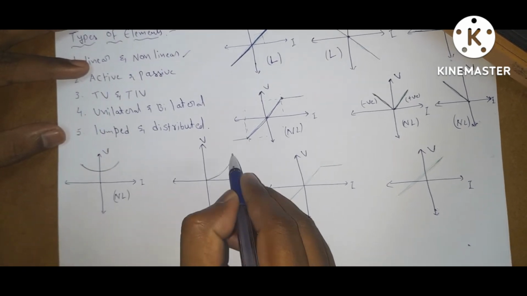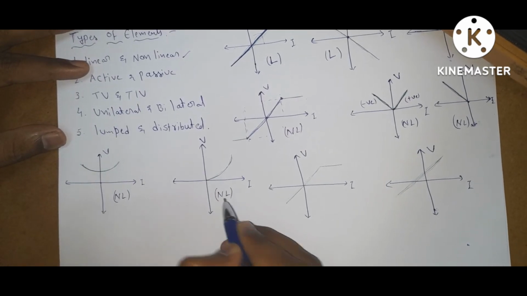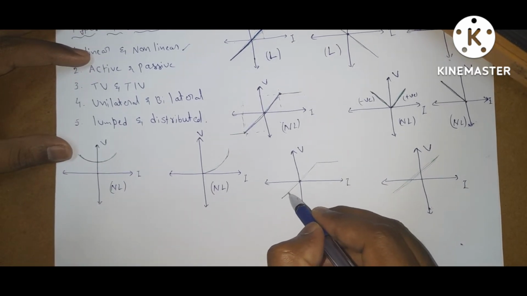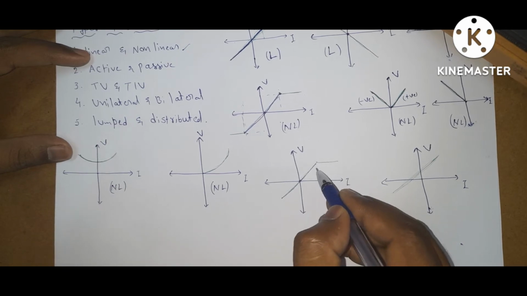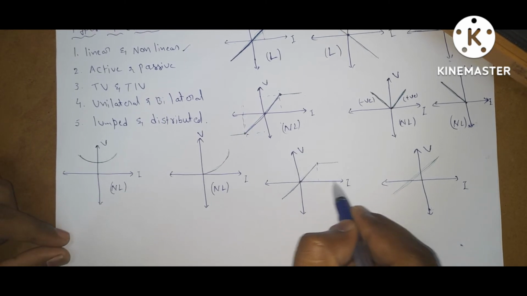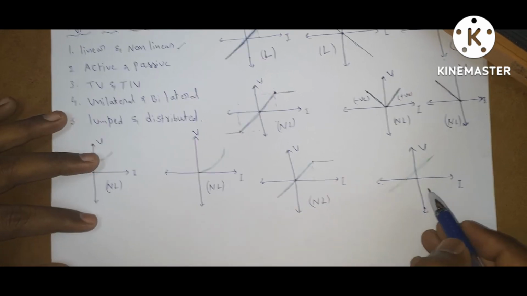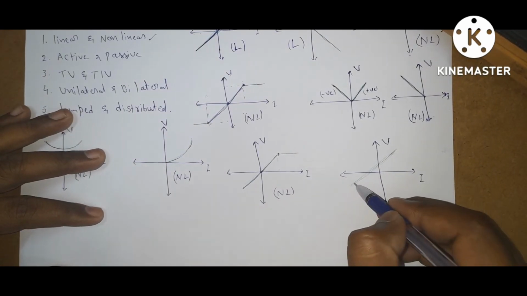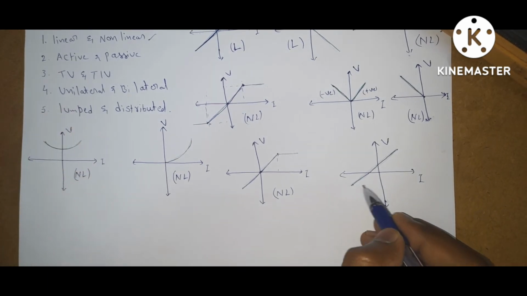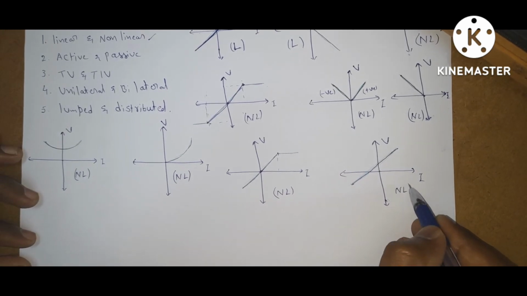It is in exponential form and negative slope is not there, so it is non-linear. Coming to this graph, it is passing through the origin up to this portion, it is linear, but after this point, increasing the current, voltage is constant, so it is non-linear. Coming to this graph, this line has constant slope for all time, but it is not passing through the origin, so it is non-linear.